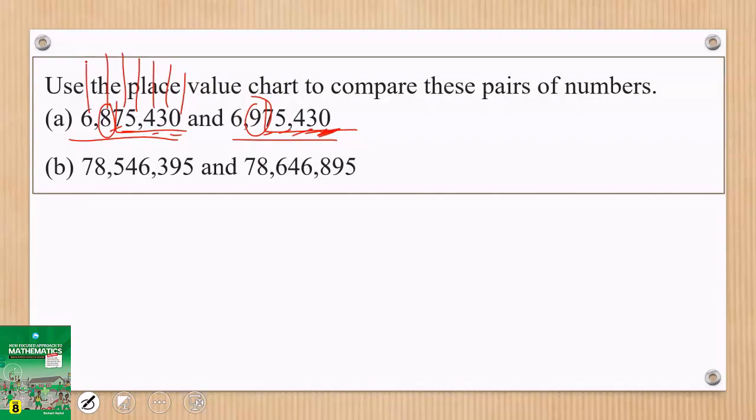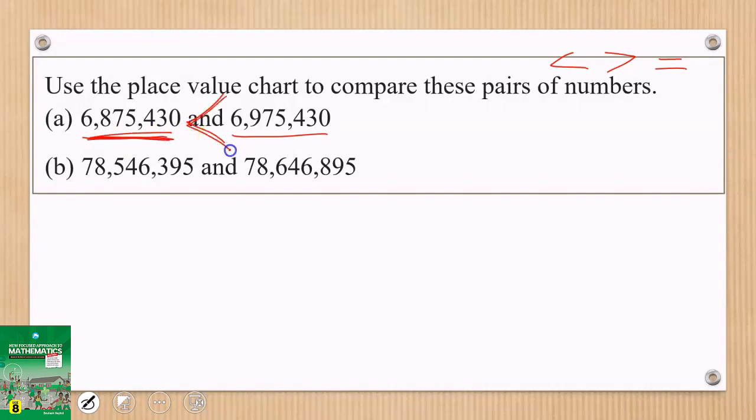And so if you look at the 8 here and then the 9 here, that means the 9 is bigger. So if 9 is bigger, then we can conclude that this number is bigger than that number. Which symbol would we use? Are we going to use less than, greater than, or equal to? So between this, we can say 6 million, this number here is less than this. That is perfect.